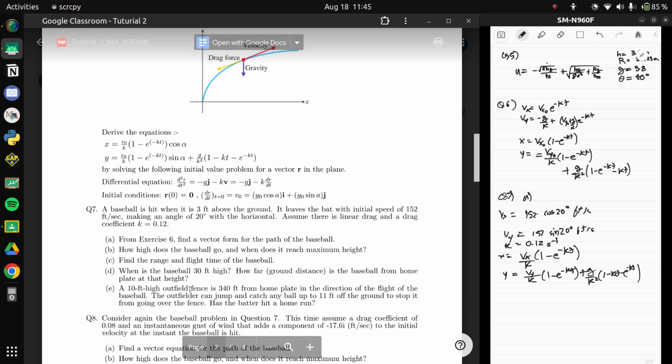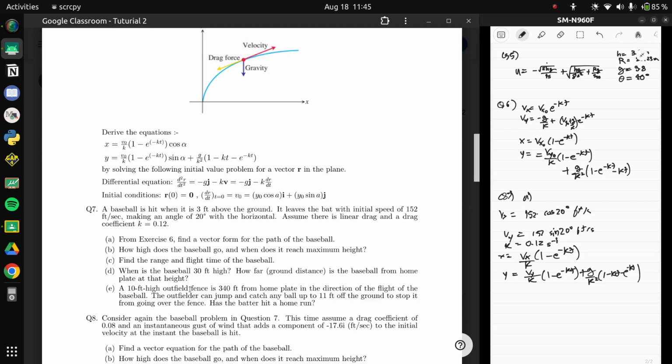Then we have: how high does the baseball go and when does it reach the maximum height? Just mgh equal to half m uy squared, so gh equals half uy squared.